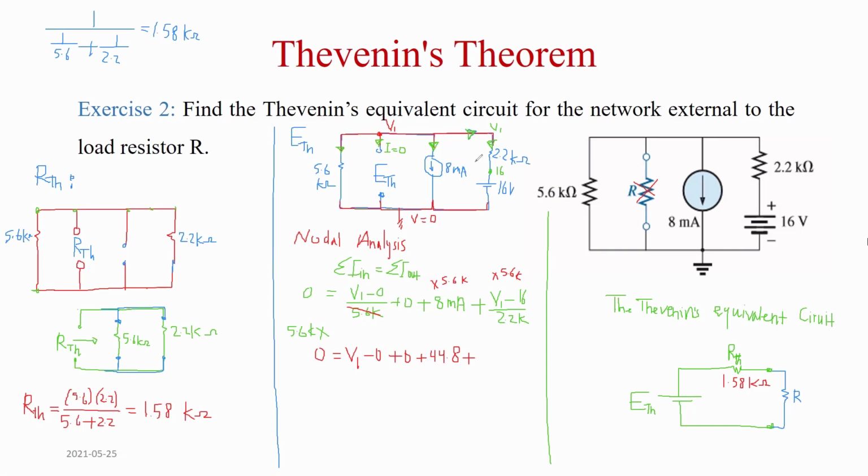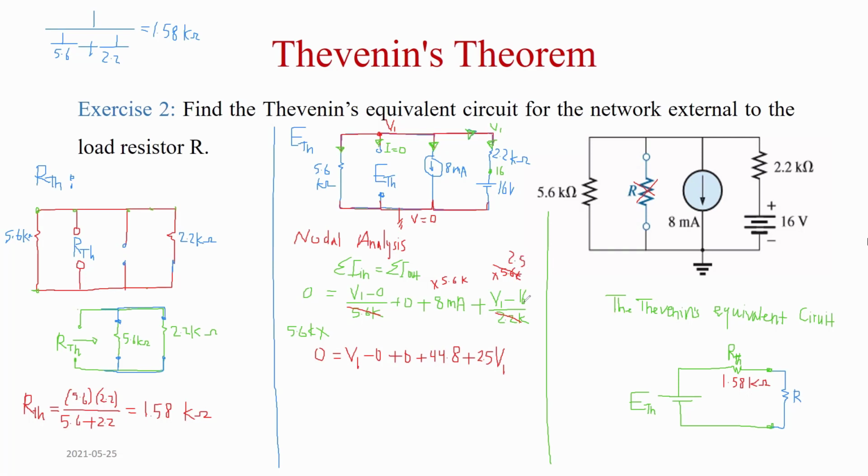Give me 3 digits, please. I only got 2.5. 2.5 exactly? Yes. Okay, 2.5 V1, because when you cancel out this by this, you get 2.5.